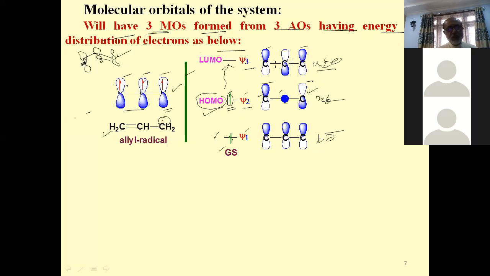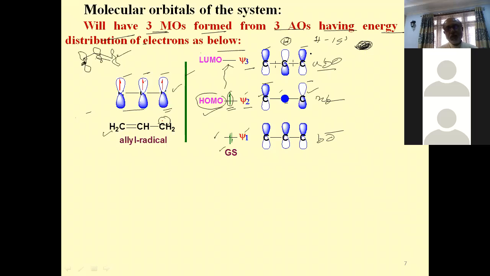Now what happens here when the hydrogen migrates? Hydrogen is going to come here. We have to identify which one is your HOMO. Hydrogen has its electron in 1s, so 1s1. It will have a spherical orbital with a phase. Suppose we identify it as positive phase.